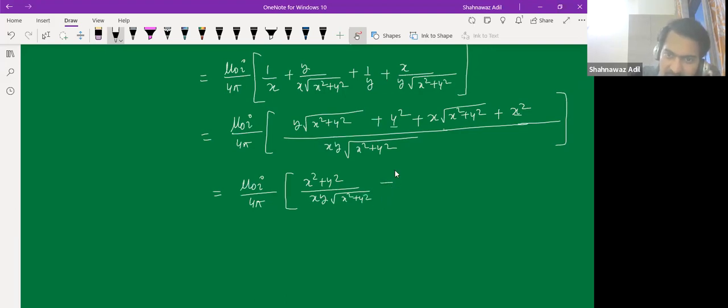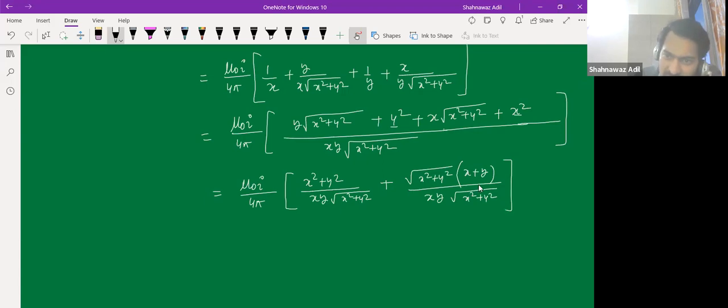And then I write them together: y, and I can take this common, x square plus y square is common, and this is x plus y, divided by xy root of x square plus y square.